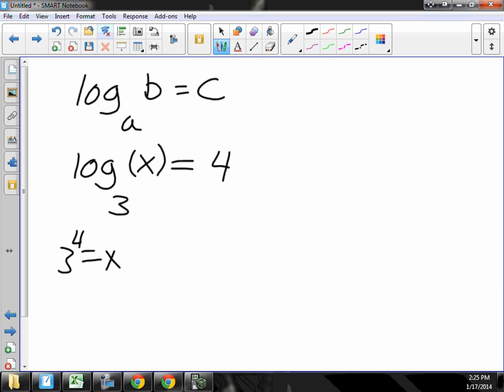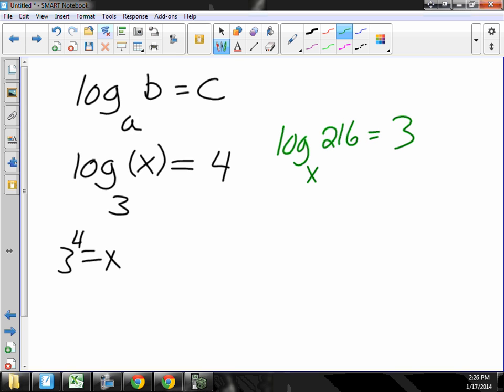Okay? Well, what if a is missing? Log base 5, oh my goodness, I gotta stop doing that. Log base 7, I did it again. Okay, log base x of 216 equals 3.